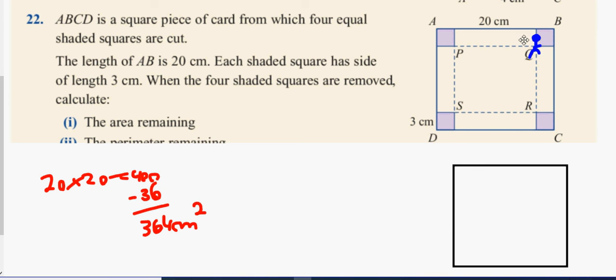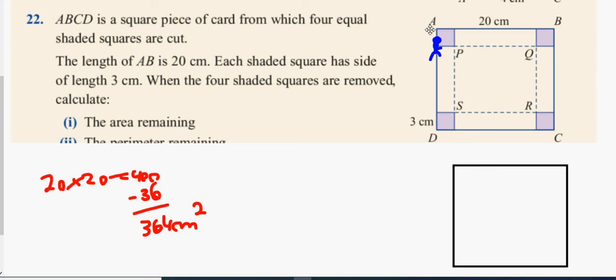Actually, let's just count it up, okay? From the start: 3, 6, 26, 29, 32, then 52, 55, 58, and then 78, 81, 84, and then up another 20, 104.